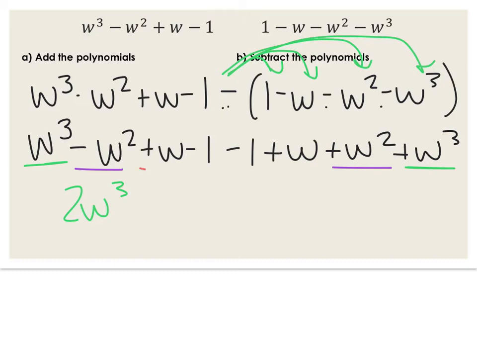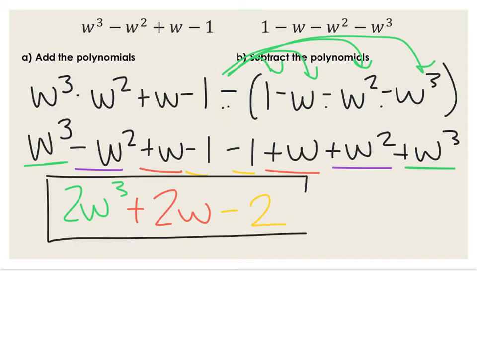With the next one, I have a w plus a w, which means I have two w's now. And then the last one, negative 1 minus 1, which means I have a negative 2. So when I subtracted my polynomials, I ended up with the big polynomial of 2w cubed plus 2w minus 2.